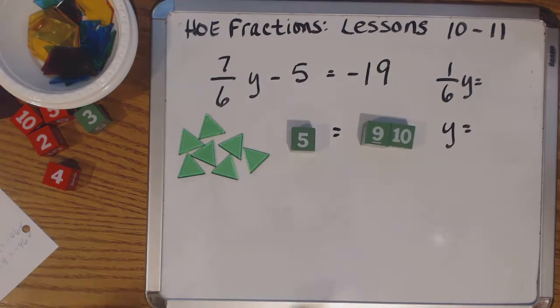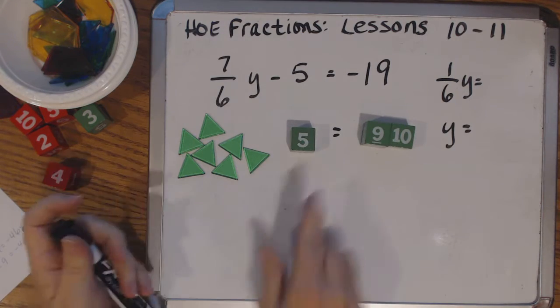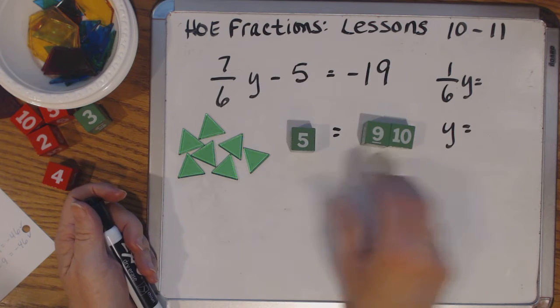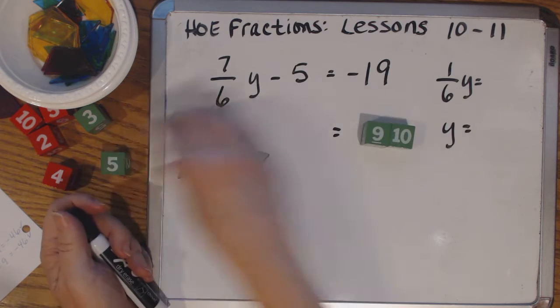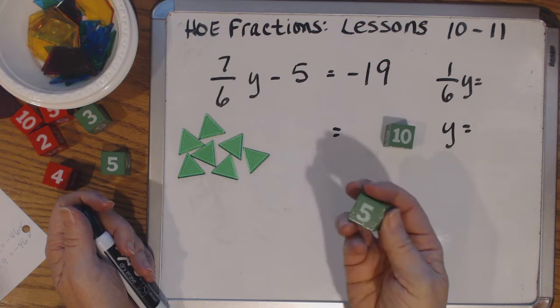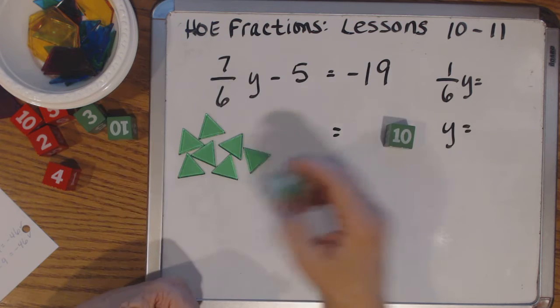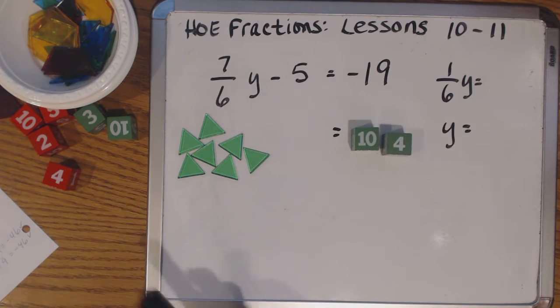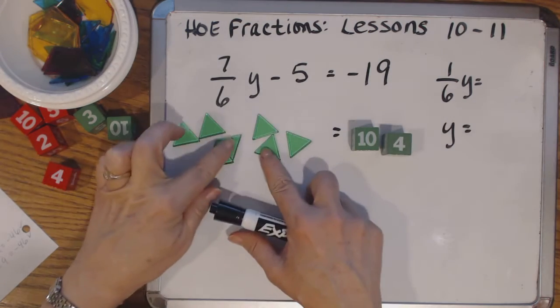Okay, and now I'm going to subtract my 5 from both sides, which I can do because I have greens on both sides. So I'm going to take away 5, and 5 away from 9 is going to give me a 4. So now I have 14. Nice little divisible number here.